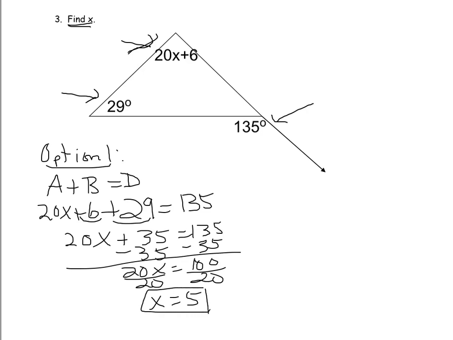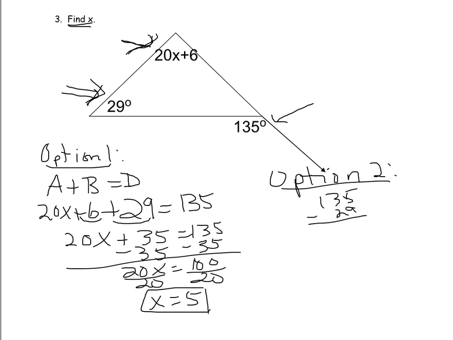Another option is that somebody might see that these two interior angles added together give me that exterior angle. So option 2: some people like to, by common sense, take 135 and subtract 29, which would give me 106. I know that's what's left, so that's what this other interior angle has to equal.